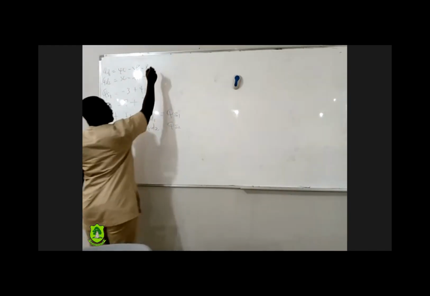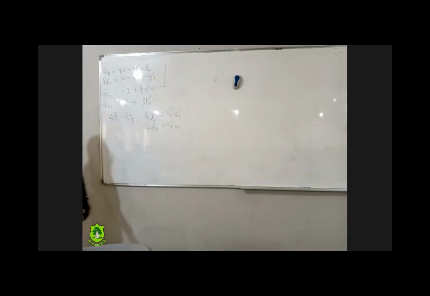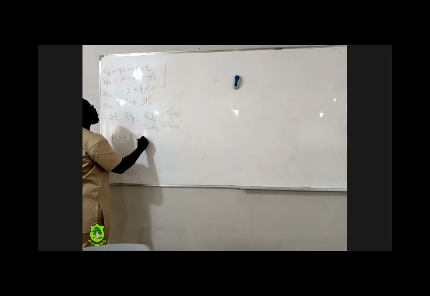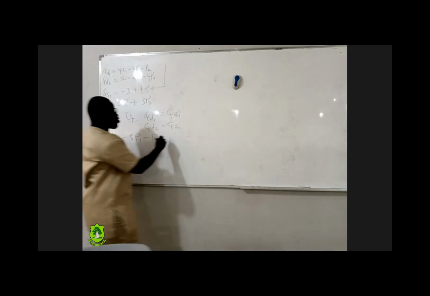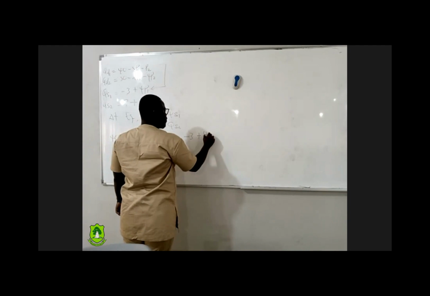Good. So let's look at it. Which means that we are going to equate this one to this one. So we will have 40 minus 5P1 minus P2 equal to 4P1.